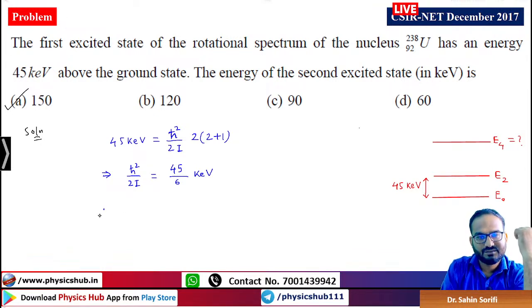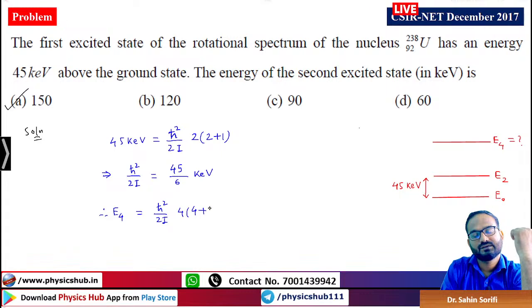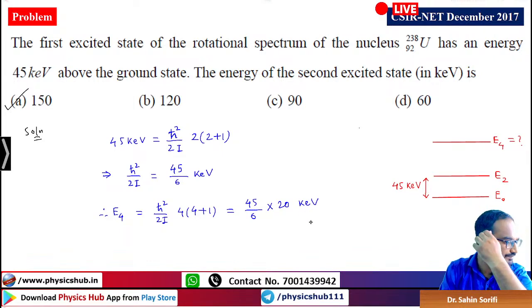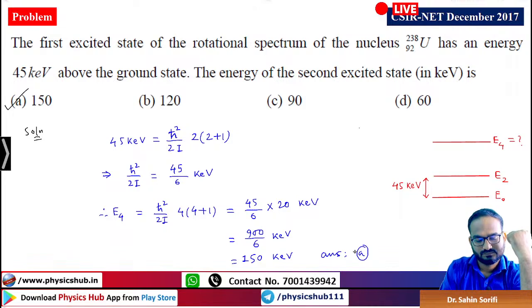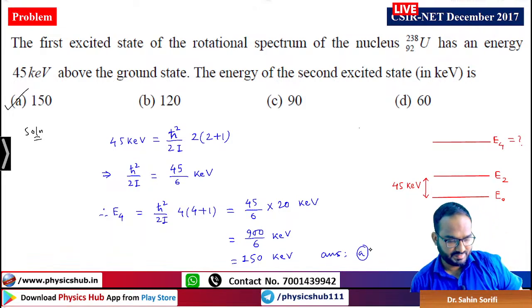So we need to find out E4. E4 is equals to h cut square by 2I, 4 into 4 plus 1. So 45 by 6 into 20 keV. Is it okay? 900 by 6 keV, 150 keV. Yes, Harry, Murli, Ajay.